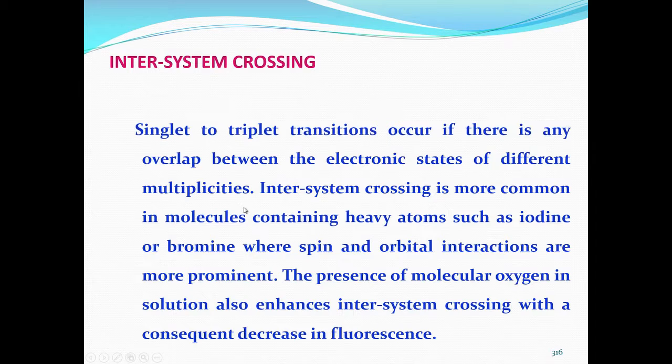So, you may refer to them again, and intersystem crossing is basically more common in molecules containing heavy atoms such as iodine, bromine, etc., where the spin and orbital interactions are very prominent.